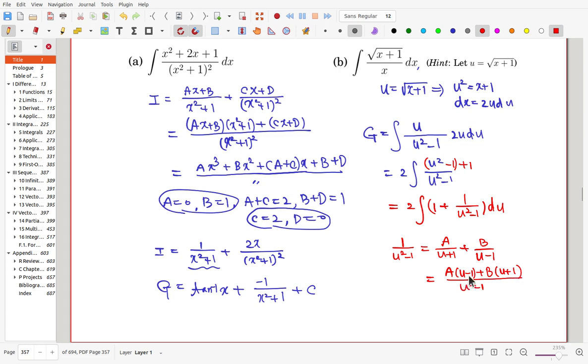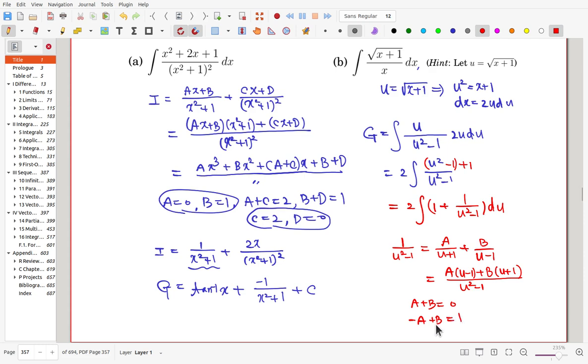The coefficient of u is a + b, which is 0, so we write down a + b = 0. The constant term is −a + b, which is 1.